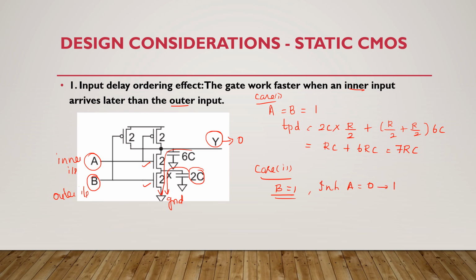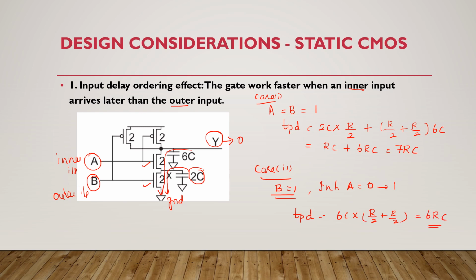When input A changes from 0 to 1, at that time the 2C capacitance is already discharged. So now we have to consider only the 6C capacitance. So the propagation delay is due to only the 6C capacitance, not the 2C, because 2C is already discharged, right? So here I have to multiply the 6C with R by 2 plus R by 2. So that I will get a delay of 6RC.